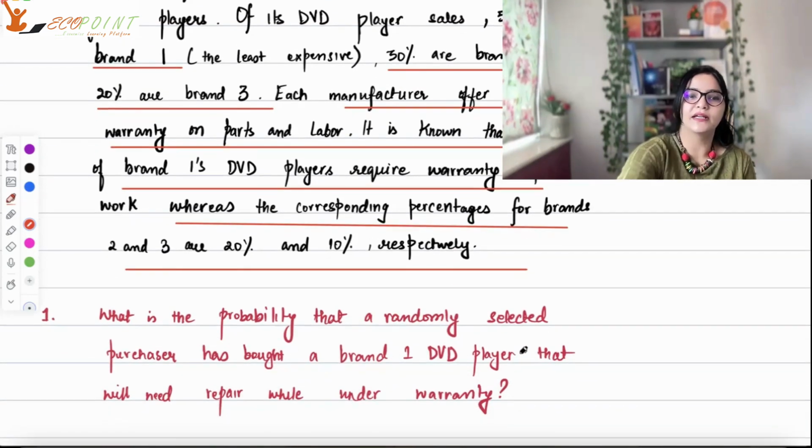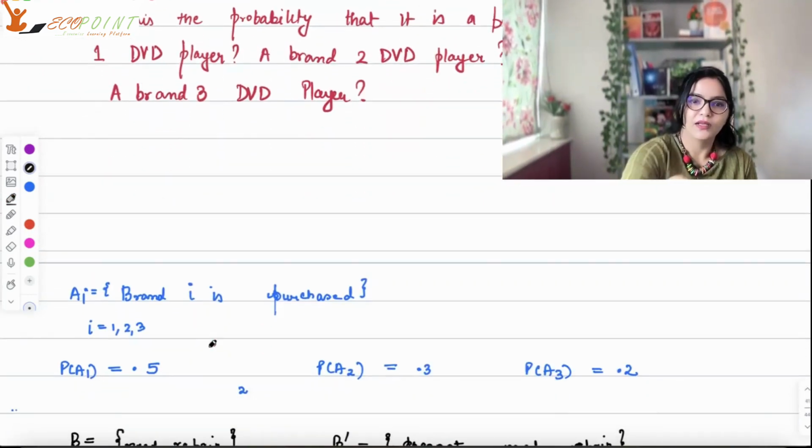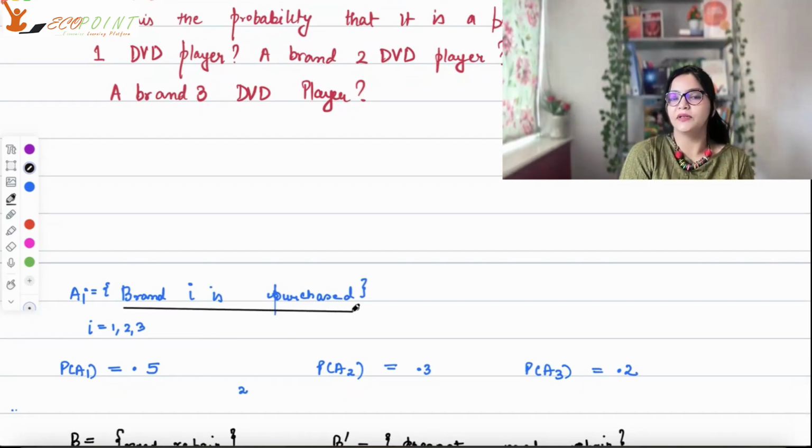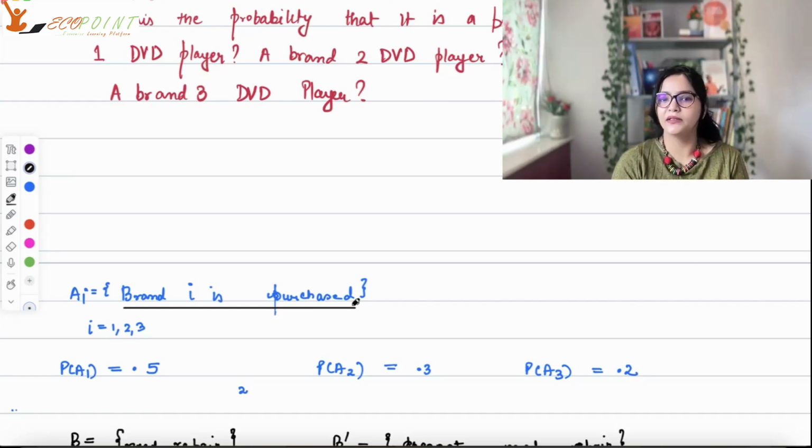The first question that I had asked you is, what is the probability that a randomly selected purchaser has bought a brand 1 DVD player that will need repair while under warranty? So what we need here is, suppose Ai is the event where brand i is purchased, that is of concern, and we have percentages, 50% for brand 1, then 30%, 20%.